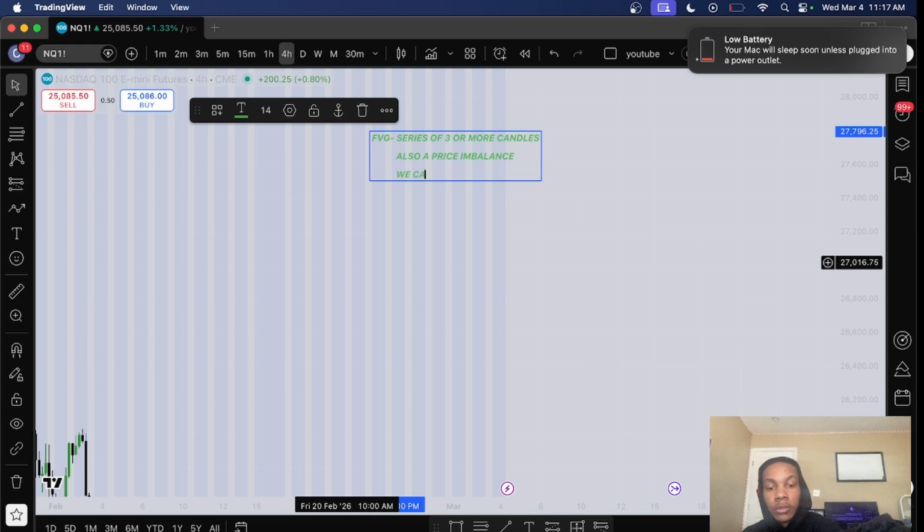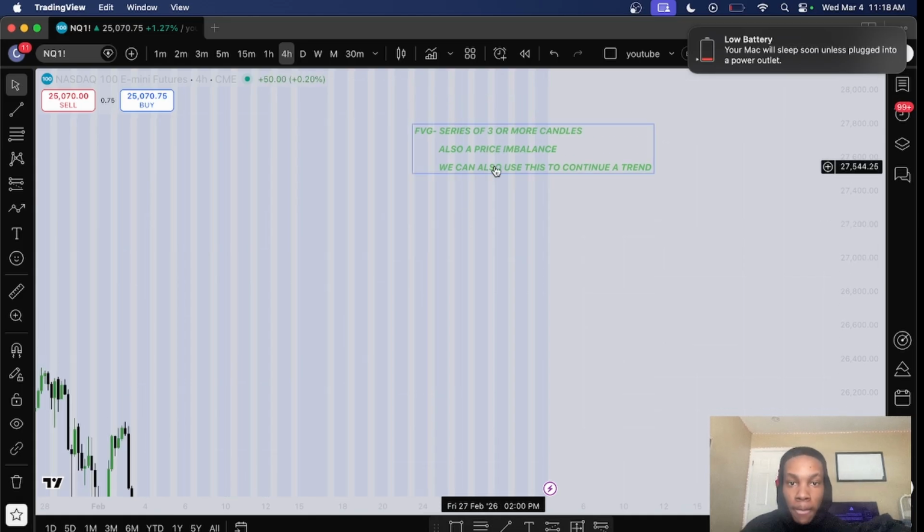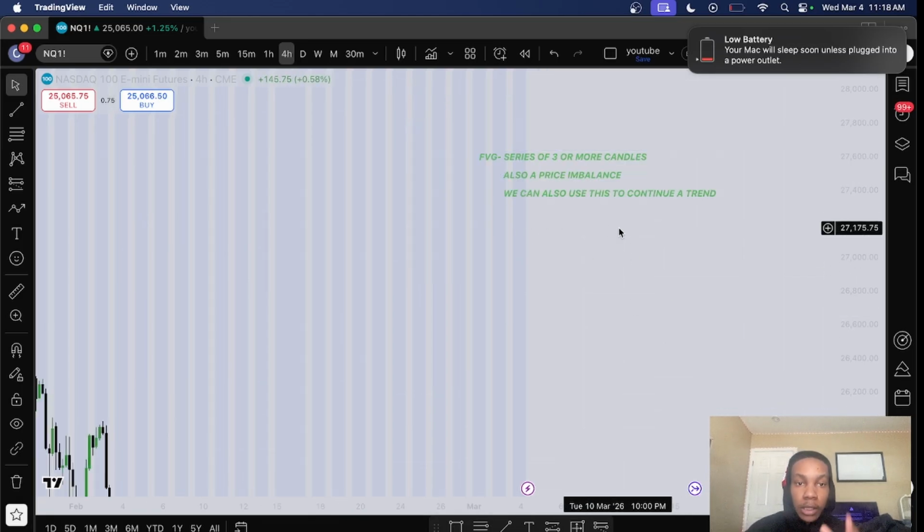We can also use this to continue a trend. Perfect. So it's a series of three or more candles, it's a price imbalance, and we can use it to continue a trend. That's what it's usually used for. So that's one thing that we can utilize fair value gaps for, continuing a trend, right? There's another thing, but we will go after that later.